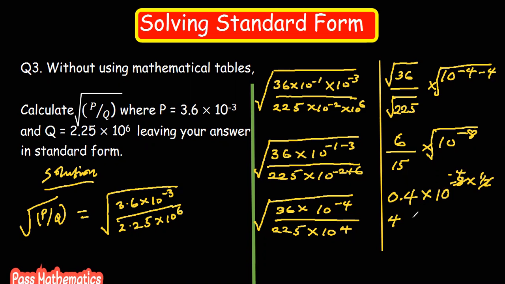So this is going to be 4 times 10 raised to the power of minus 1 times 10 raised to the power of minus 4. And then when we add the powers, we are having minus 5. 4 times 10 raised to the power of minus 5. So this is the answer to this question.